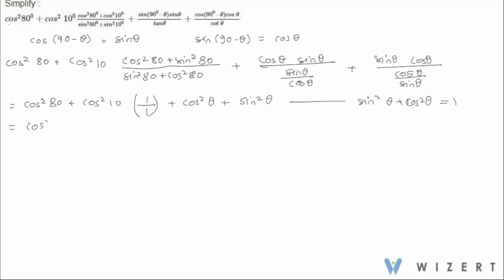Now cos square 80 plus sin square 80 is 1, plus cos square theta plus sin square theta is 1. Again sin square theta plus cos square theta equal to 1, and here we have used cos 90 minus theta equal to sin theta.